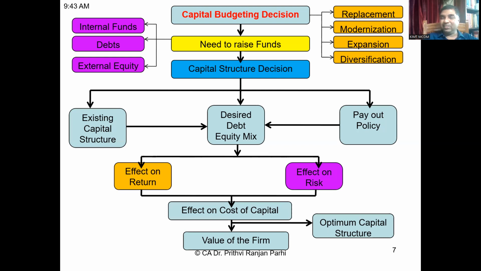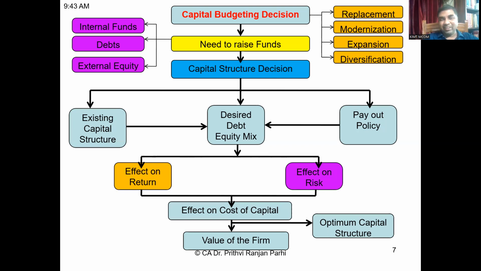And once you've decided the debt equity mix, suppose I need 1 lakh rupees, and 60,000 will be my own fund and 40,000 will be debt. So this is my capital structure decision. That means I'm deciding a mixture of debt and equity. And once I've decided this, the debt equity ratio is, let us say, 40:60. Then it has an effect on my return.